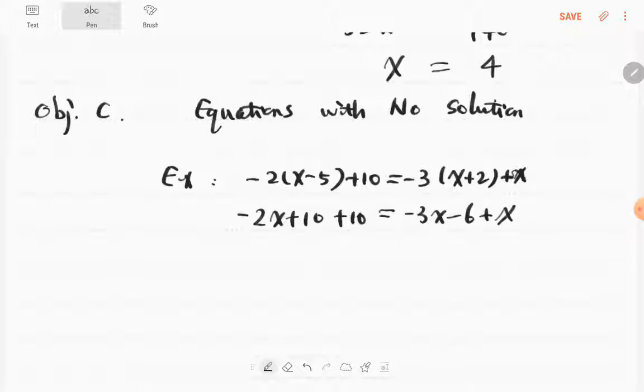But make sure you don't make a mistake in this step. You will have this one. Negative 2x plus 20 equals negative 2x minus 6.